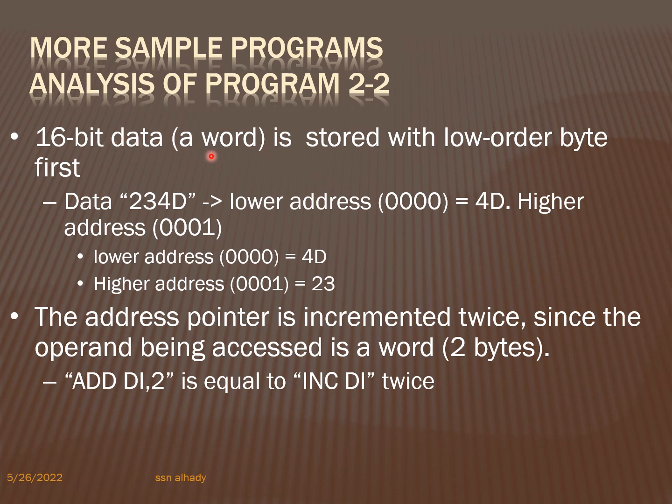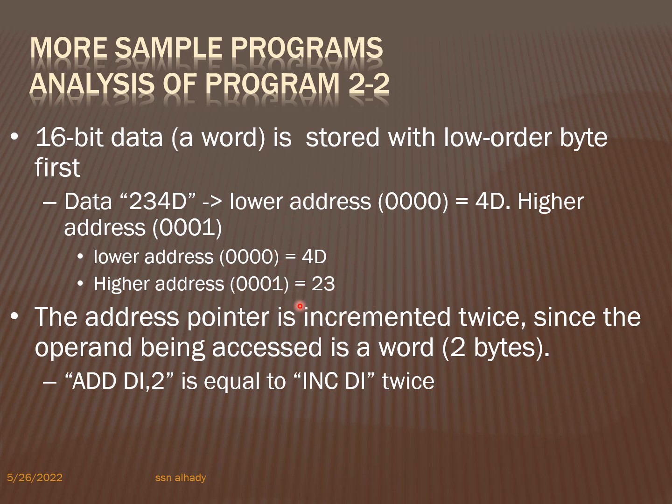16-bit data, a word, is stored with the low byte first. So for the data 23AD, the lower address 0000 will hold AD, and the higher address 0001 will hold 23. It is how we arrange it.